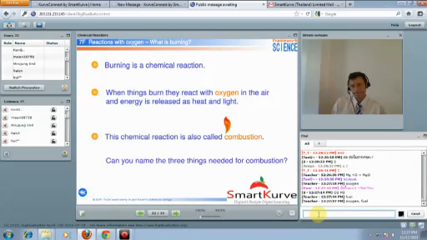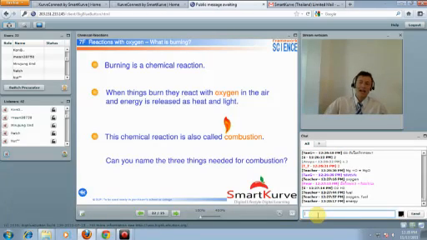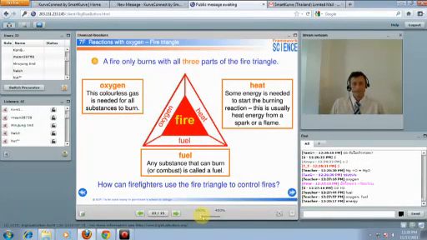What else do we need? Well, right here, I've got oxygen in this room. I have paper in this room. Why isn't the paper combusting? Why is it not burning? Because we don't have any heat energy to make it burn. So, let's look at this triangle. We talked about oxygen, fuel, and that third side to the triangle on the right, the heat energy. Some energy needed to start the burning reaction.